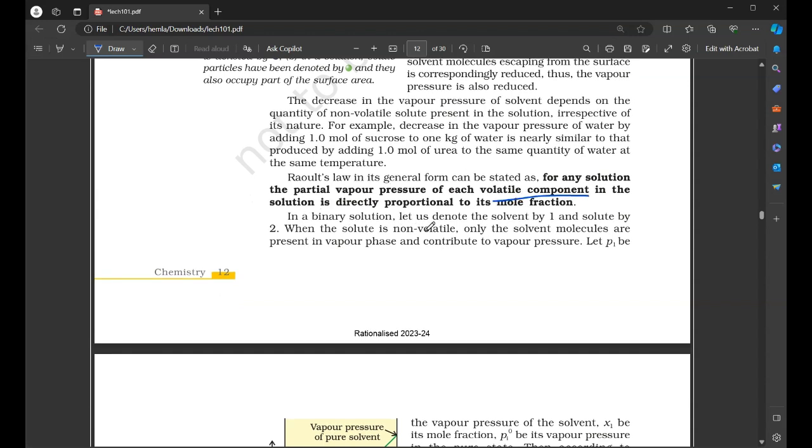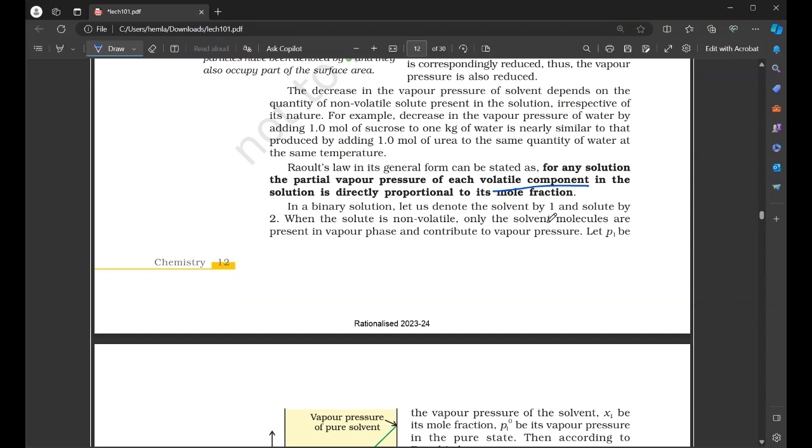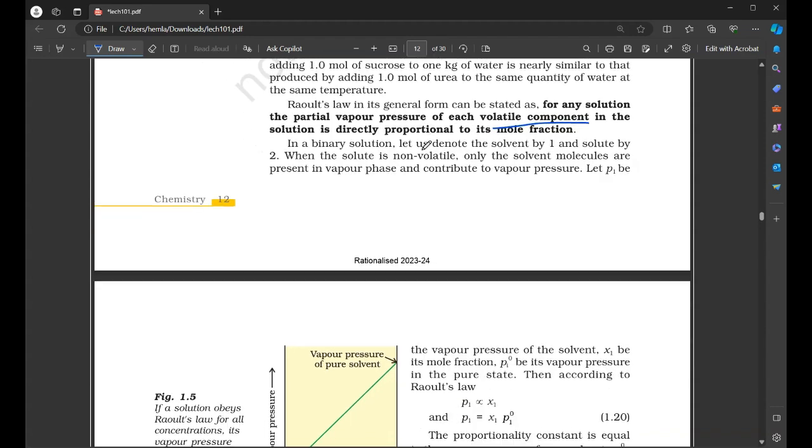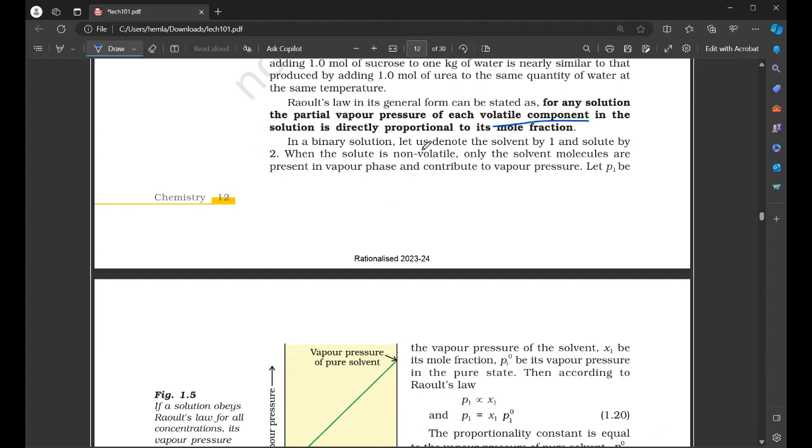In a binary solution, let us denote the solvent by 1 and solute by 2. When the solute is non-volatile, only the solvent molecules are present in the vapor phase and contribute to vapor pressure. Let P1 be the vapor pressure of the solvent, X1 be the mole fraction, and P1 not be the vapor pressure in pure state.